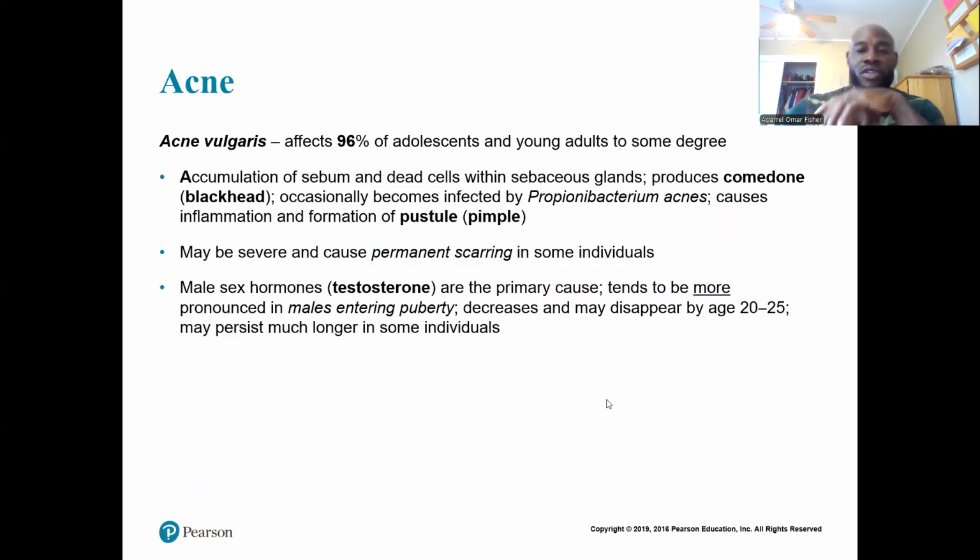So accumulation of sebum and dead cells within sebaceous glands produces this blackhead, these acne, these pimples, so to speak. Which can cause problems once they are inflamed, and then you pop them, and there's that little fluid that's coming out of them. That's sebum.